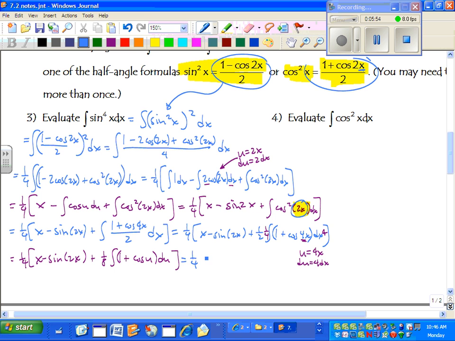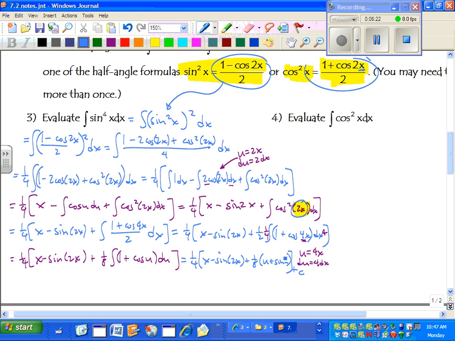A couple more steps. 1/4, and we've got x minus sine of 2x still, plus 1/8 times antiderivative of this. Antiderivative of 1 in terms of u is just going to be u, plus antiderivative of cosine of u is going to be sine of u. And at the very end, we can't forget our plus c.